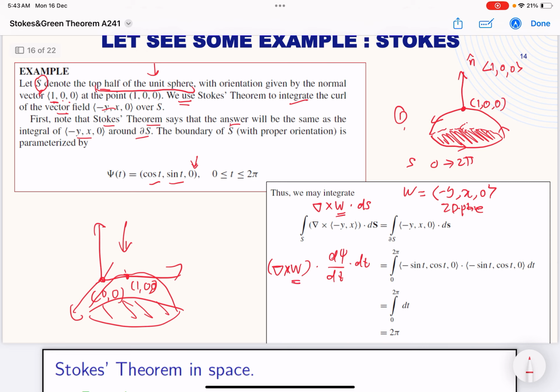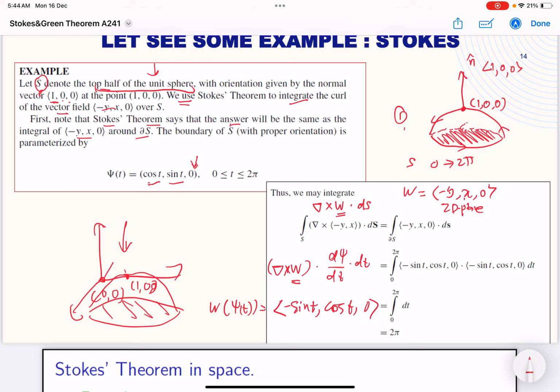The integration of W parameterized by t is given like this. W is equal to what will be your negative y, negative sine t, and then x, what will be your x, cos t, and 0.